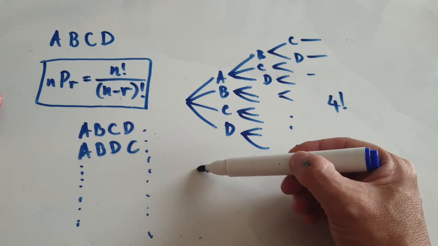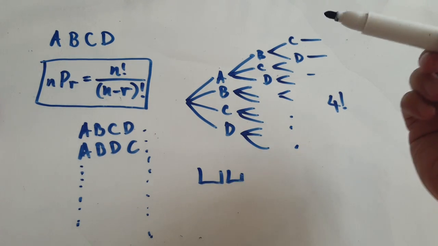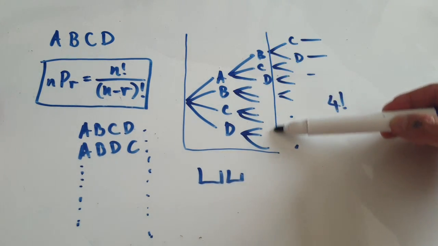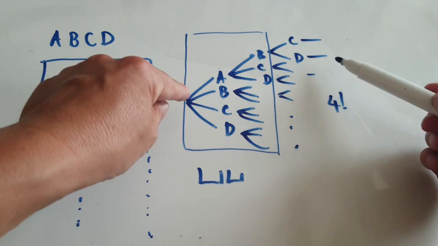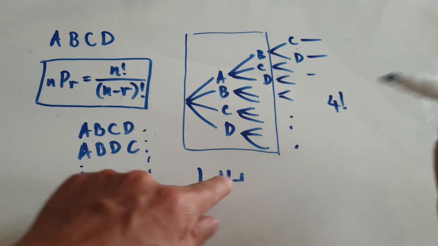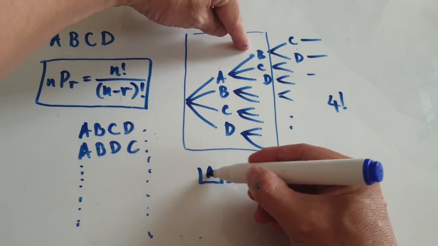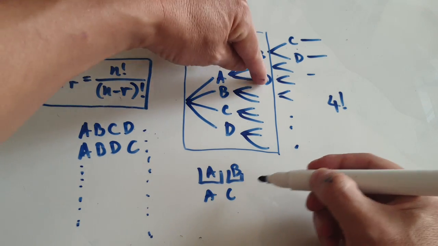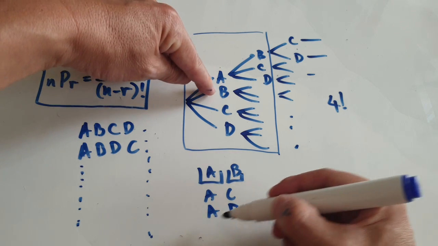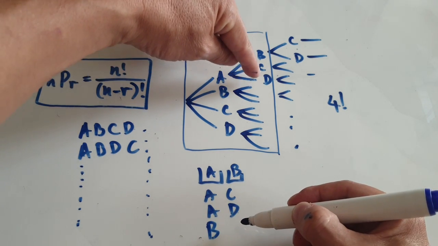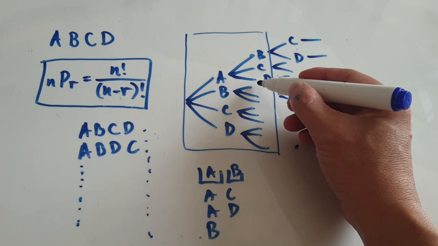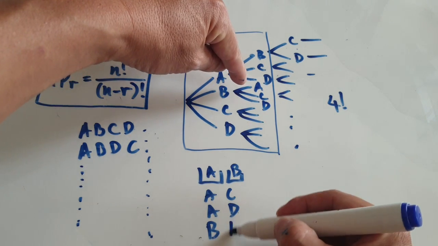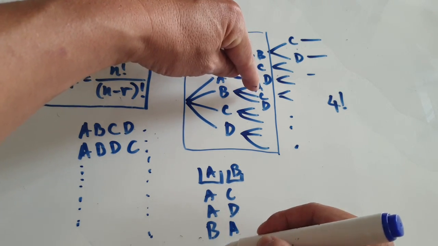Now, when you have 2 slots, you're just looking at 2 slots. Because look, once you've drawn this tree diagram, you actually discard this bit here. A, B is one possible arrangement, A, C is another one, A, D, and then you've got B, A, C, D. You can have B, A, you can have B, C, and so on.